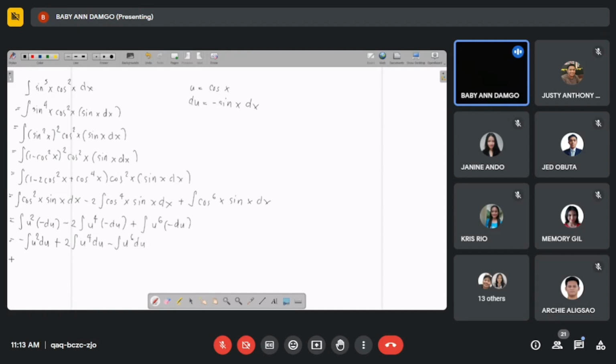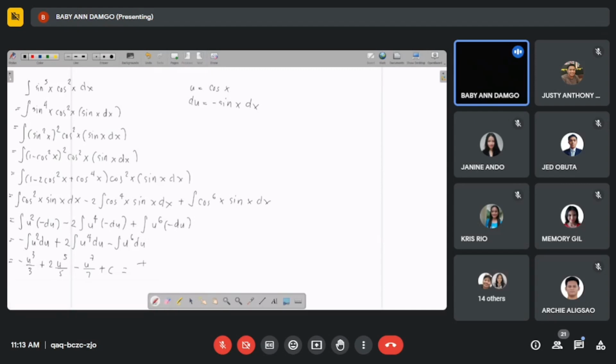Okay, so apply the power rule for integration. So we have negative u cubed over 3 plus 2 times u to the fifth over 5 minus u to the 7 over 7 plus c. Okay, so substitute the value of our u, which is equal to cosine x.